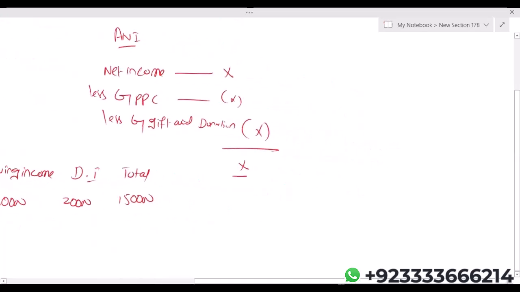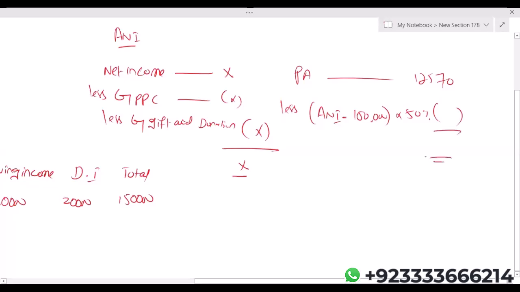If adjusted net income is more than 1 lakh, then personal allowance will be reduced. Personal allowance is 12,570 less adjusted net income minus 100,000, then into 50%, or 1/2, it's the same thing.